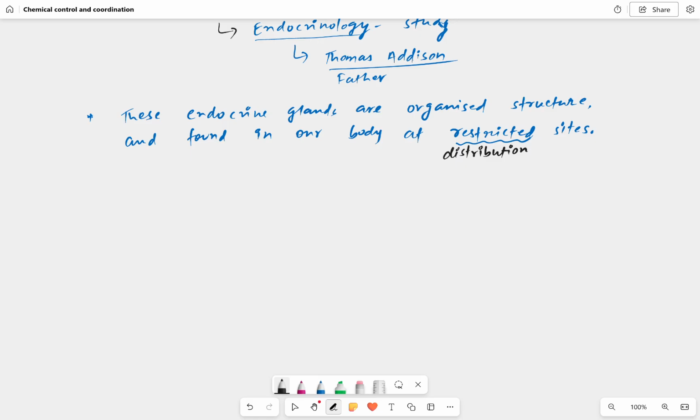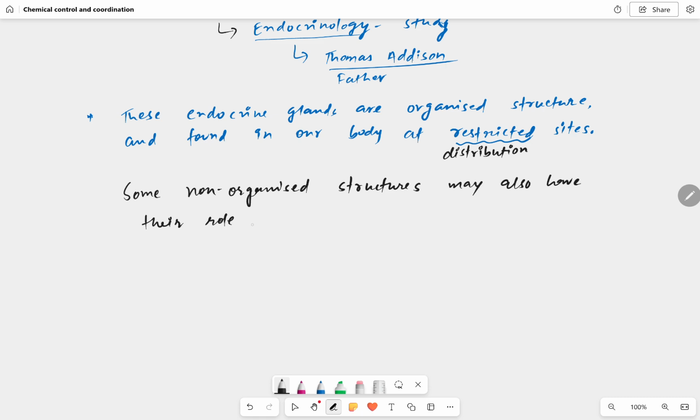But our body may also have some non-organized structures that may have a role as endocrine, and these are our GIT, kidney, heart.